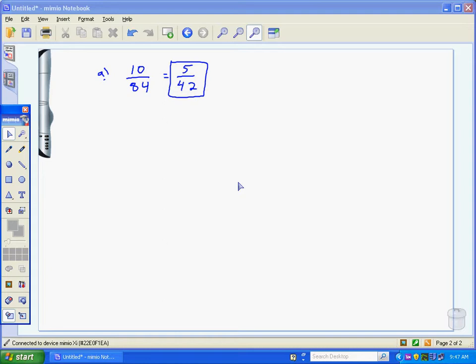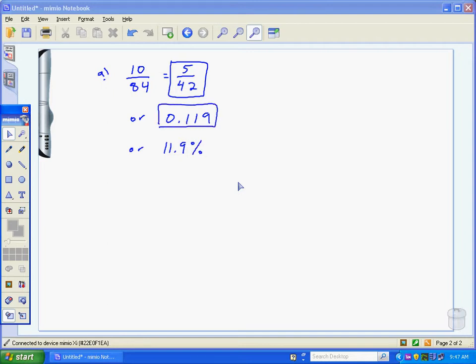So this team may have 5 games going to overtime out of 42. Or we could actually divide those numbers and get a decimal like 0.119 when we divide 5 divided by 42, or that 0.119 is actually 11.9%, because if we times that by 100 to turn it into a percentage.